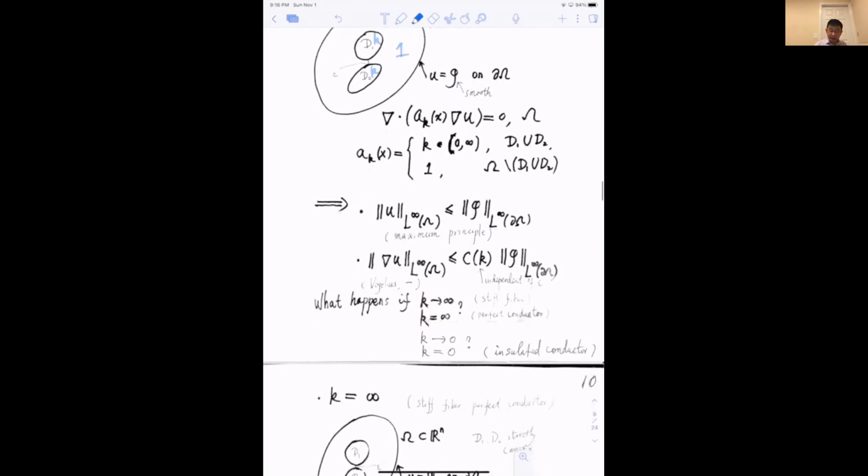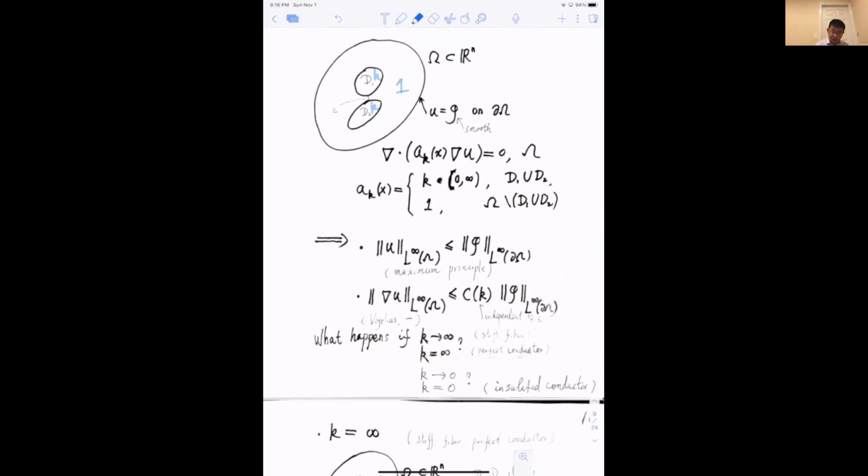The work I mentioned with Vogelius says the L infinity norm of the gradient is bounded, by a constant dependent on K but independent of epsilon. So it depends on this K. Now the question is, what happens if K goes to infinity?